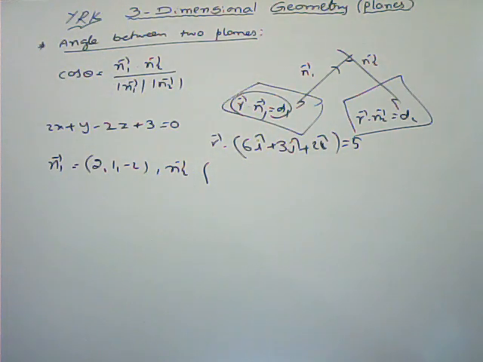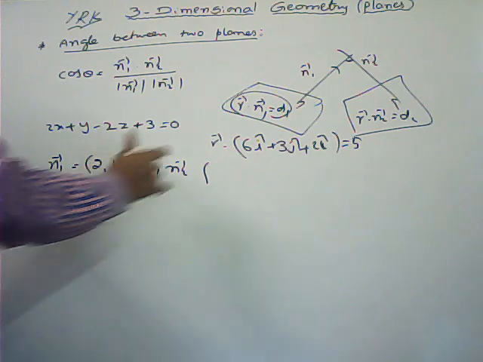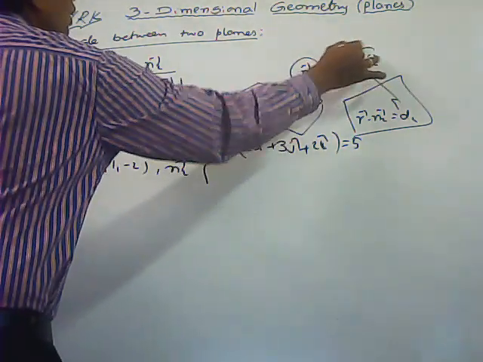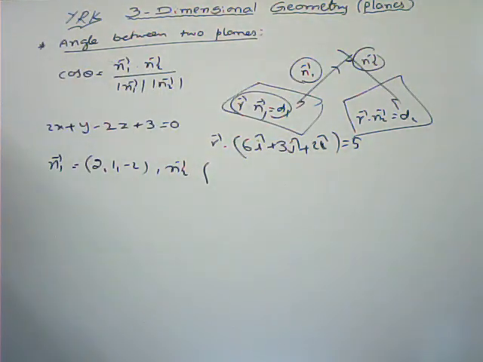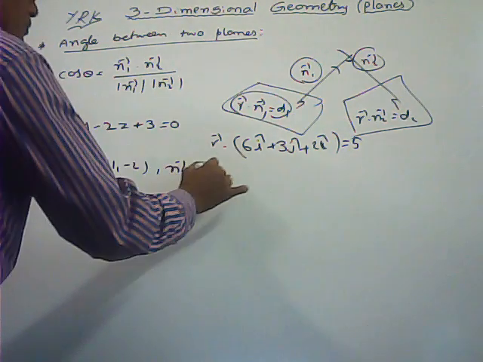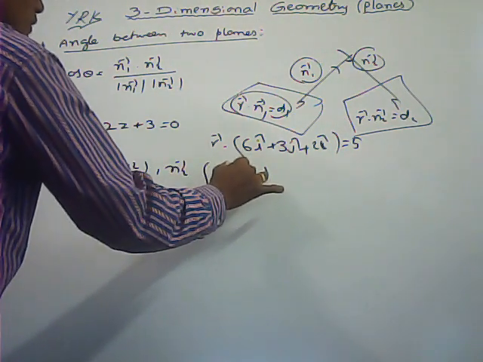So the angle between two planes is nothing but the angle between their normal drs. So the angle between two vectors, that is cos theta only. n2 bar is equal to 6, 3, 2, the normal drs of the second plane.